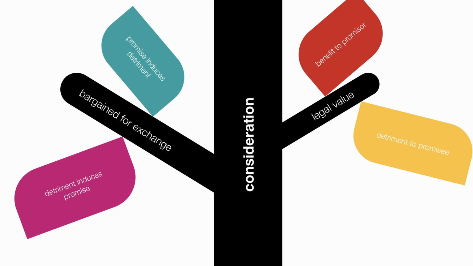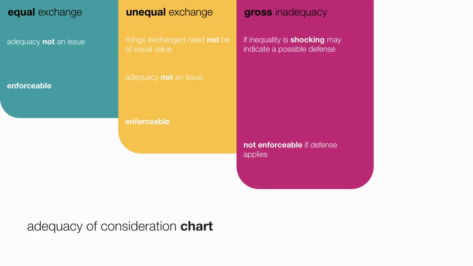So here we would say, all the elements of consideration are met, even though there's a gross inequality. The only thing that has changed is that we have concern that perhaps there was some sort of compulsion or pressure or deceit that might mean a defense is applicable. We'll talk about defenses down the road.